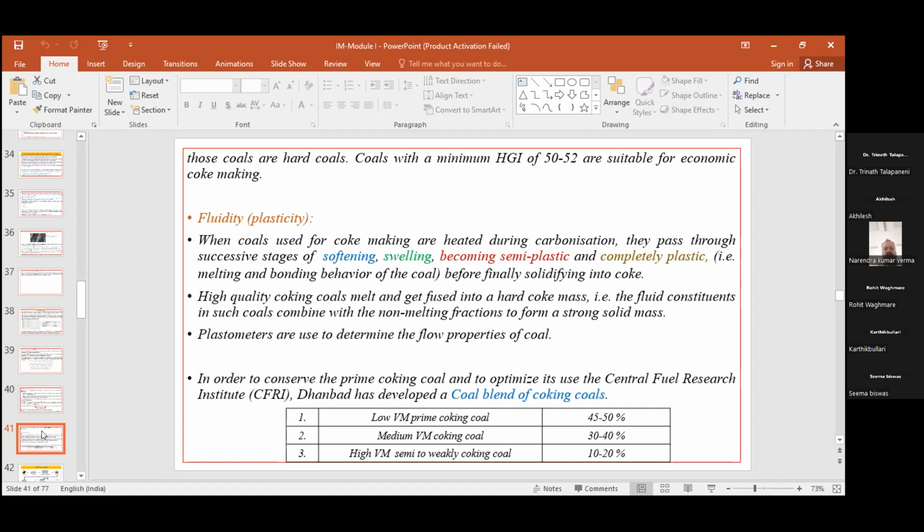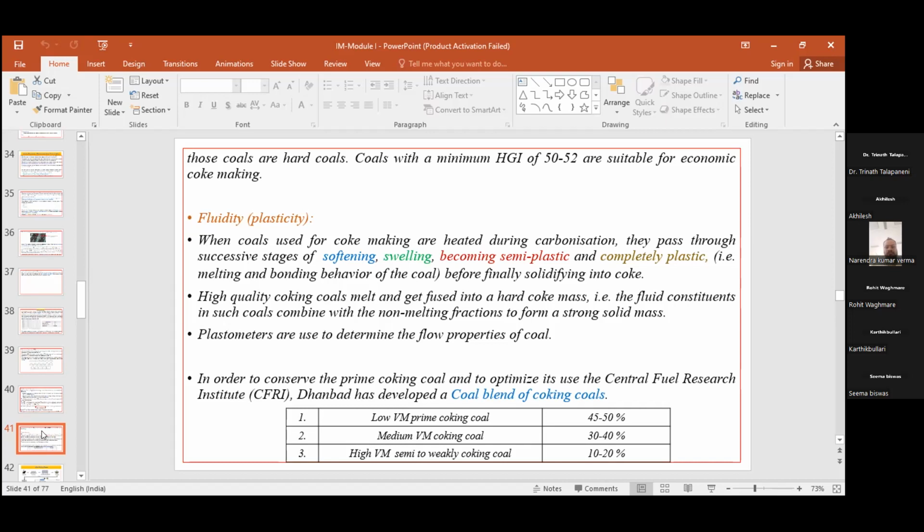So to utilize these prime coking coals effectively for a long duration of time, the Central Fuel Research Institute, CFRI, has developed a coal blending technique where, instead of using the prime coking coals as a major raw material for the coke making process, you can blend different grades of coals and make the coal cake for coke making.